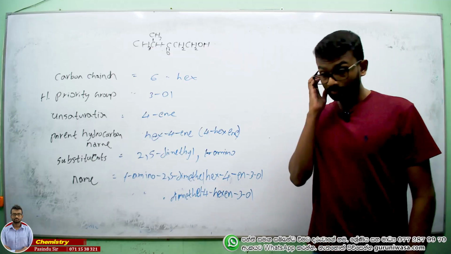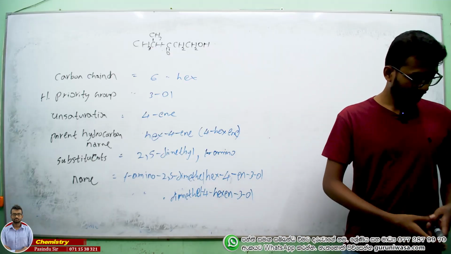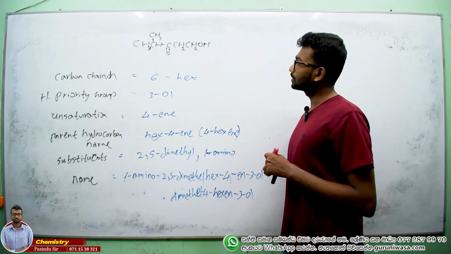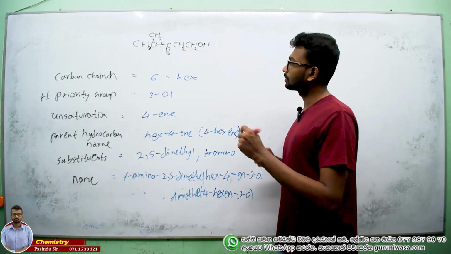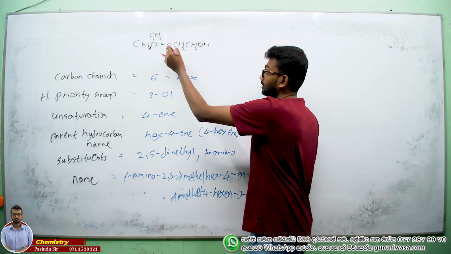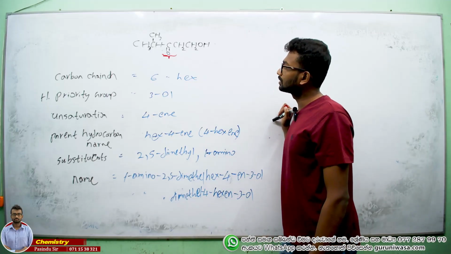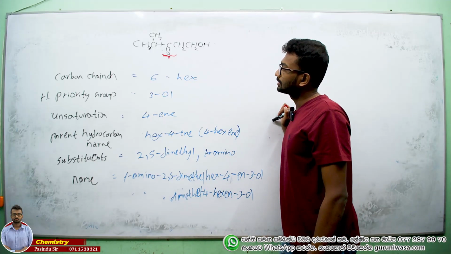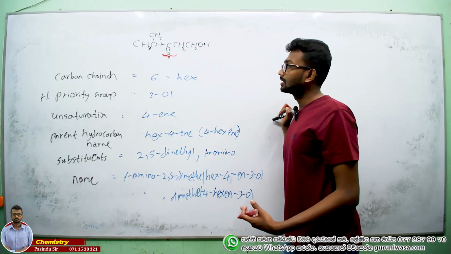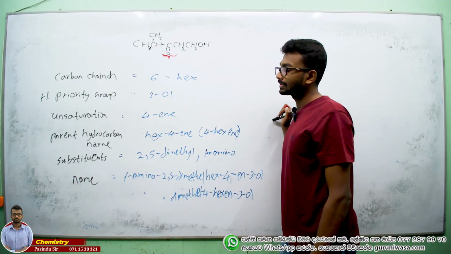So we have to find the main carbon chain. What is the main group here? The main group is the ketone group. When we count from either side, this group gets 3, the same number.